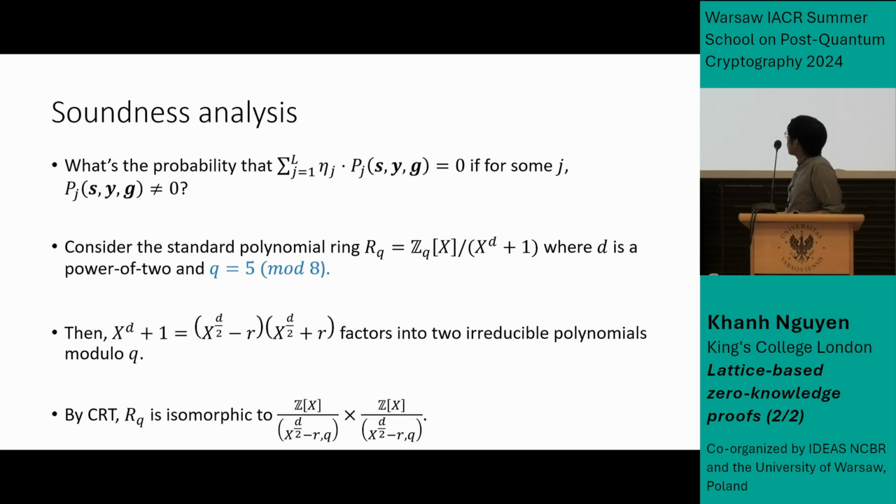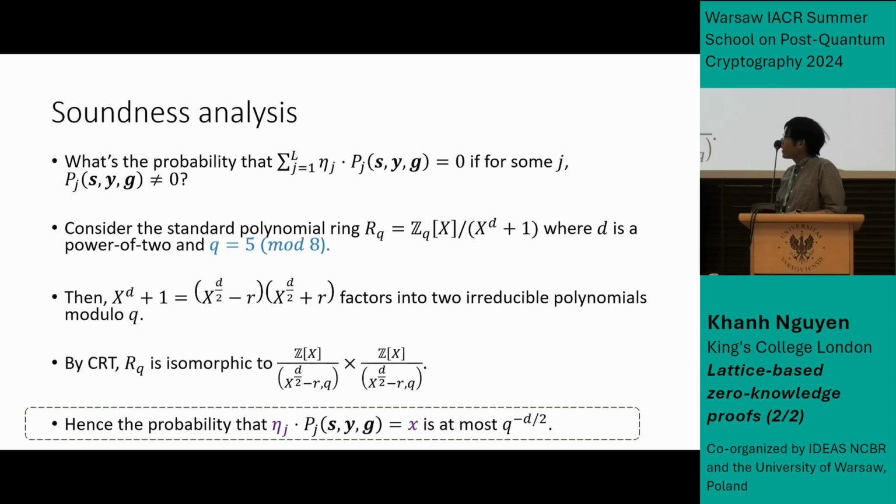Okay? So now, for simplicity, if I pick a modulus nice enough, like Q being 5 mod 8, by the Chinese remainder theorem I can write it down in this way. In particular, RQ is isomorphic to a direct product of two fields. So we have this.